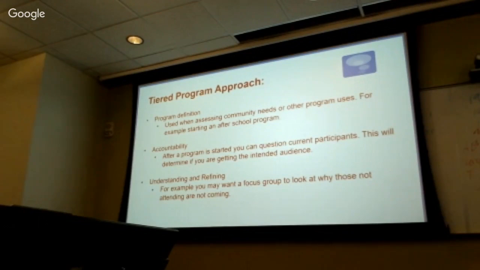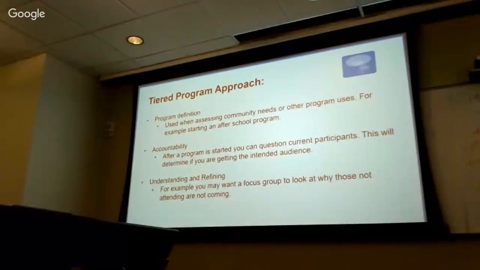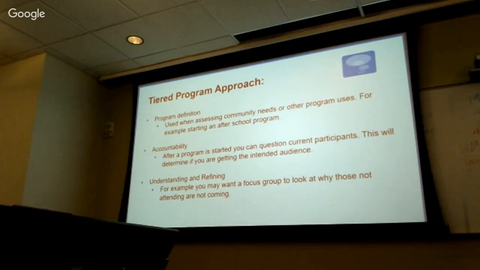After it's started, you can ask the existing participants what's going well and how we can improve this. You'll be able to see if it's going anywhere or if it's worth your time and resources to continue in the process. And the third step, after you've gone for a little while and you want to get other input, you can ask people that did not participate in the group about improvements, why they aren't coming, and things you can change to get their participation.